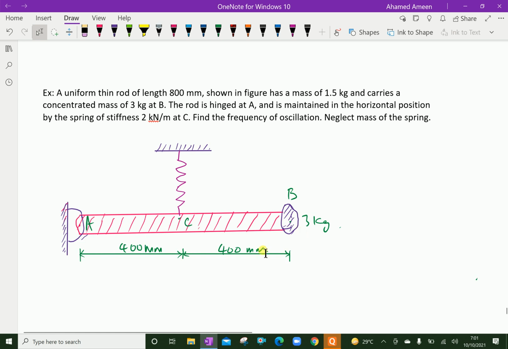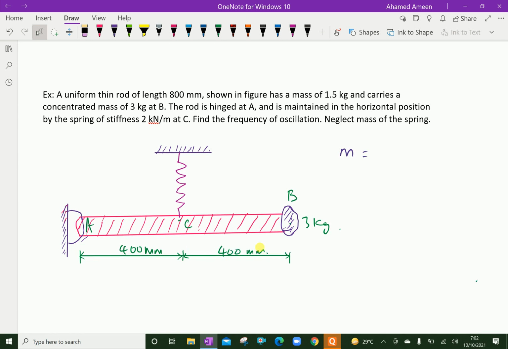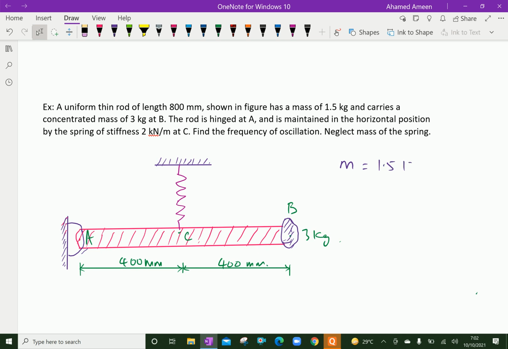Now we'll do further calculation. Let M, the mass of the rod, be 1.5 kg and the mass at B be 3 kg.